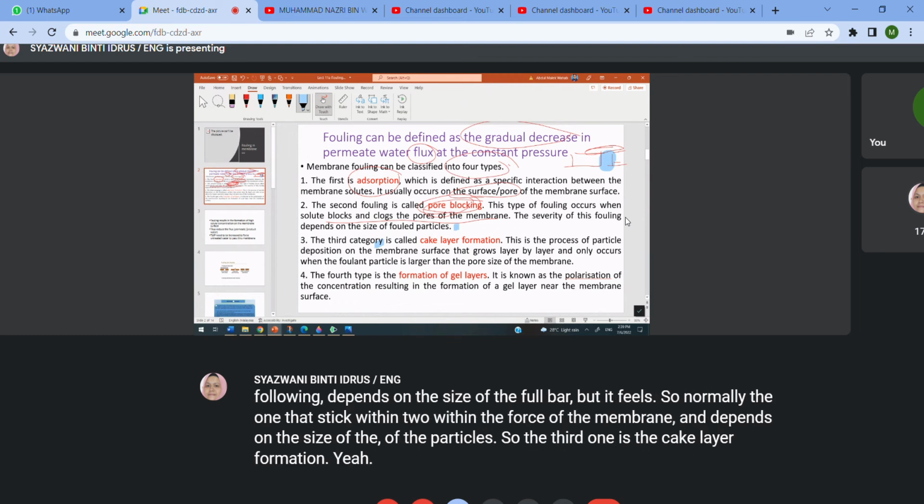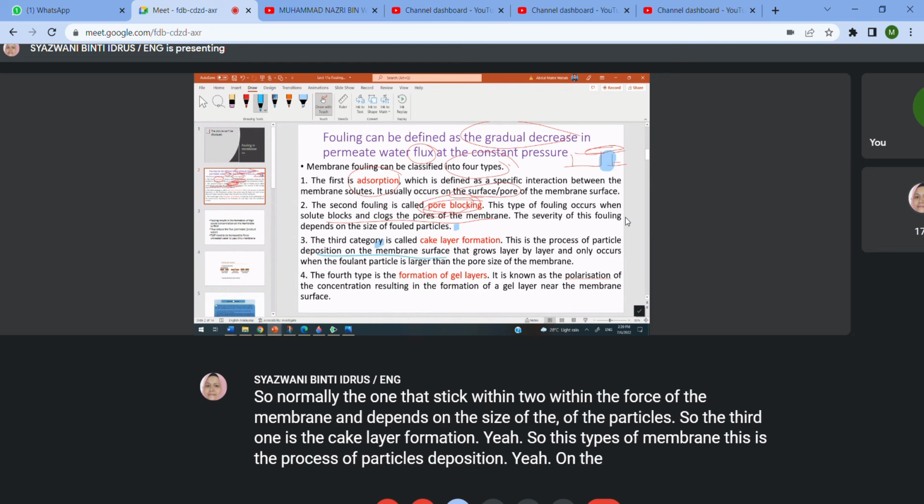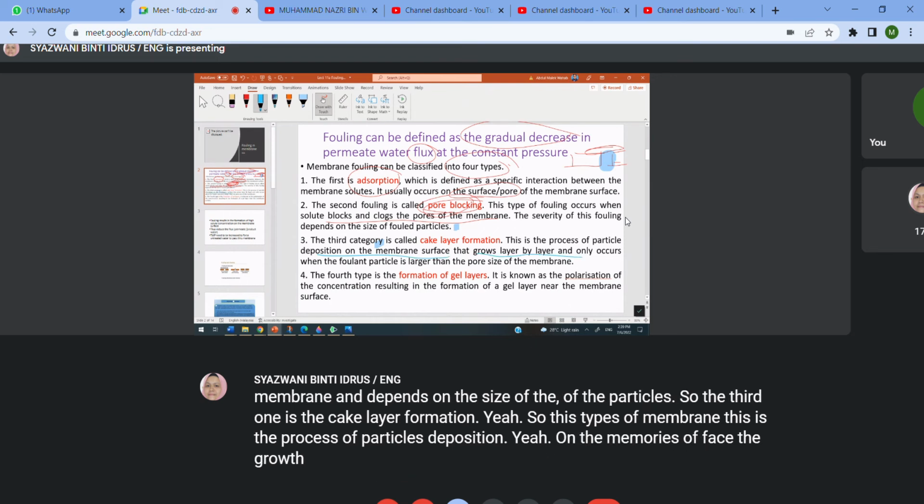This is the process of particle deposition on the membrane surface that grows layer by layer.